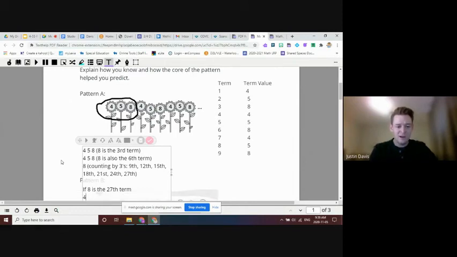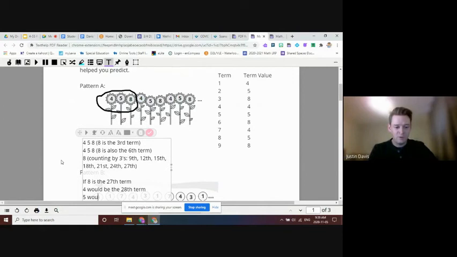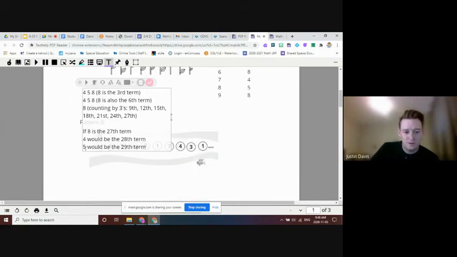then what comes after 8? 4 comes after 8, so 4 would be the 28th term, and 5 would be the 29th term. So we know that the 29th term would be 5, and that's one of our answers.